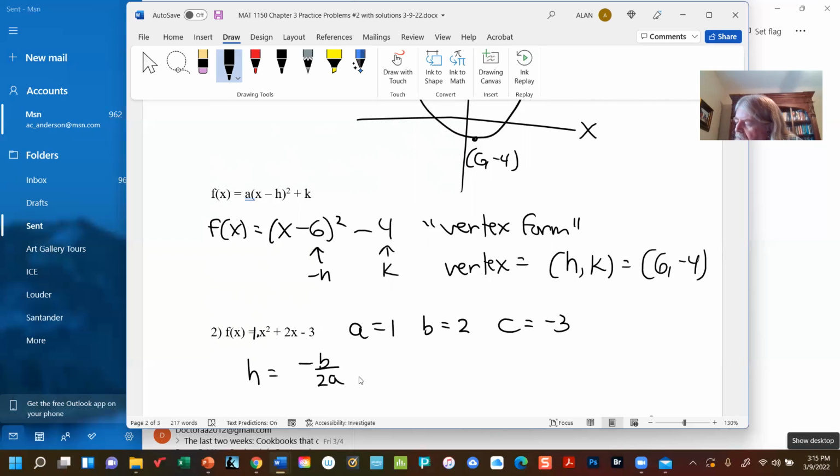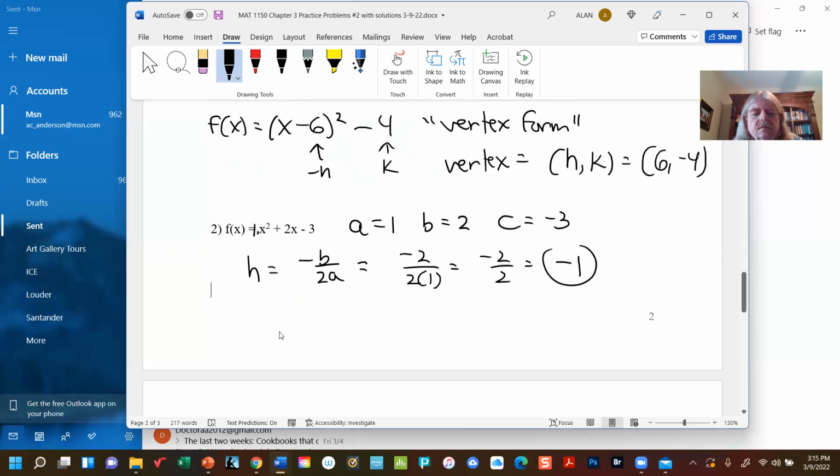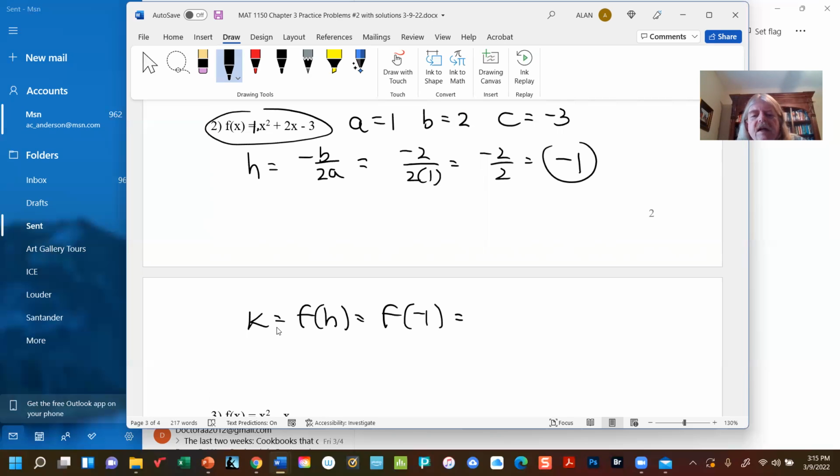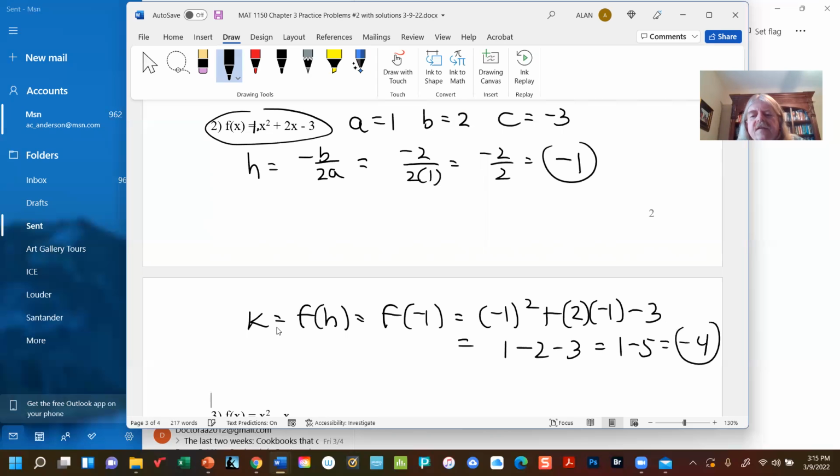When we plug in those numbers, we'll get negative 2 over 2 times 1. Negative 2 halves is just negative 1. And k is easy because k is simply f of h, f of negative 1. Since this is our original function, we'll have negative 1 squared plus 2 times negative 1 minus 3, 1 minus 2 minus 3, 1 minus 5, negative 4.